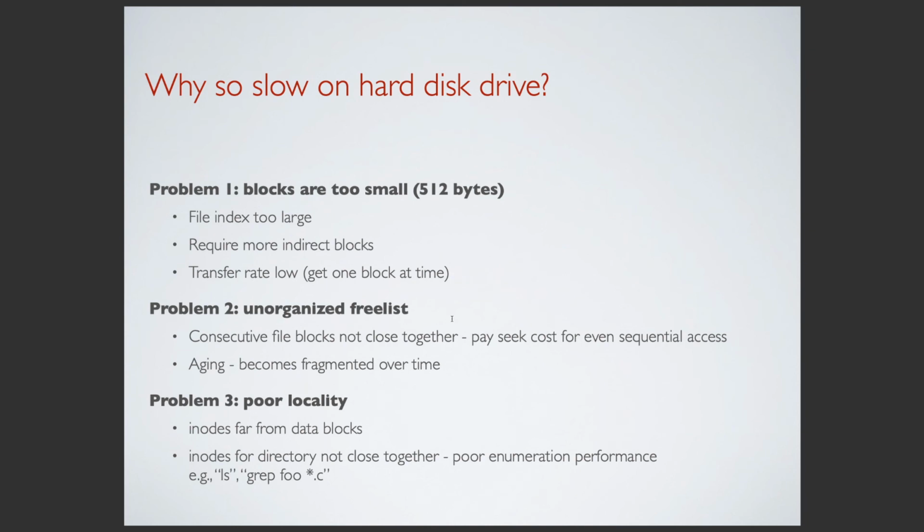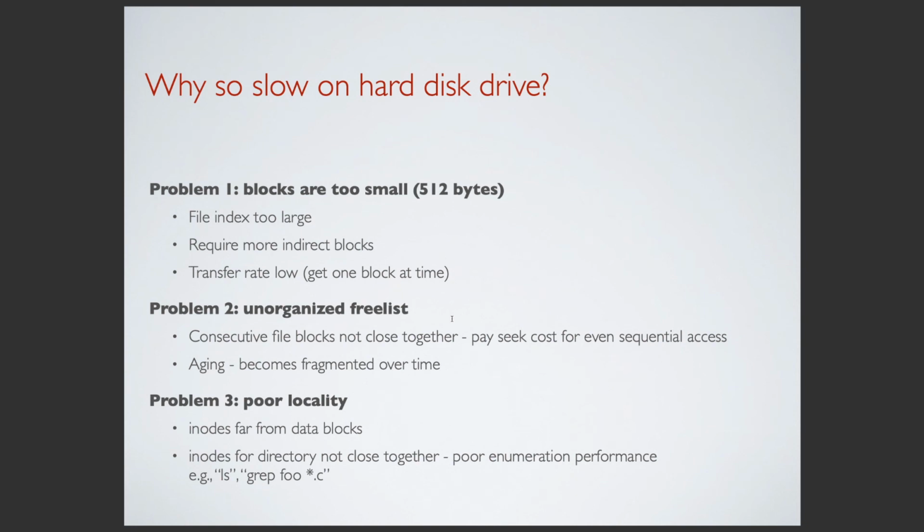in the past, we only had hard disks. And I told you, the hard disk has a mechanical arm that has to position the head, and the disk rotates, and so on and so forth. They quickly realized that if you don't take into account the geometry of the disk, you will have poor performance.